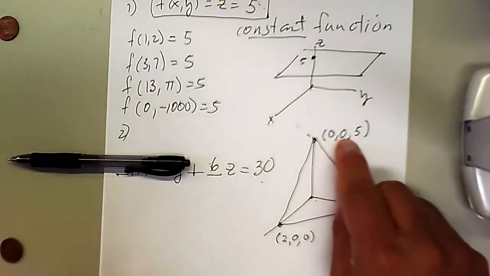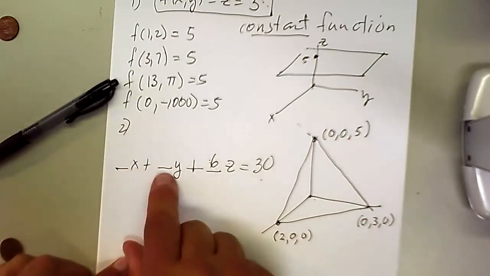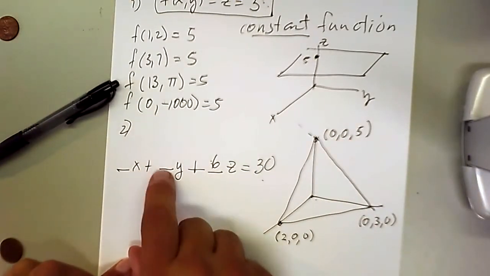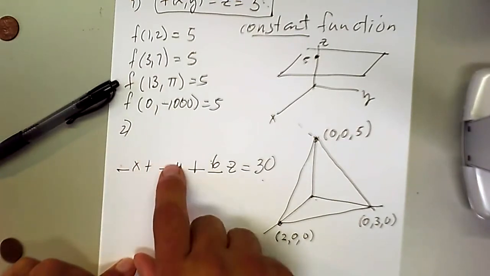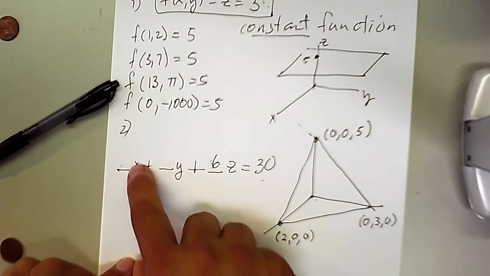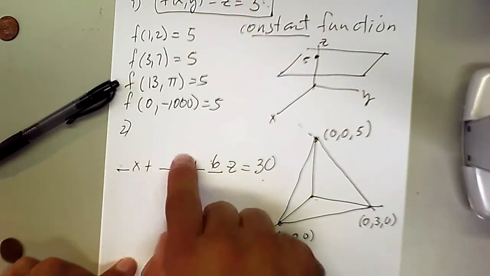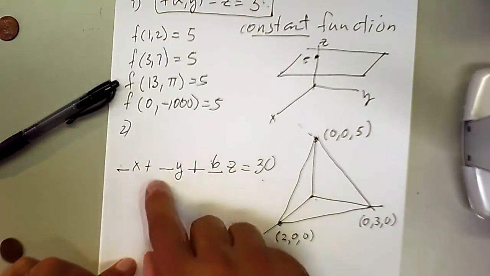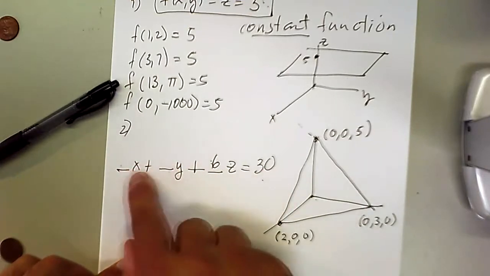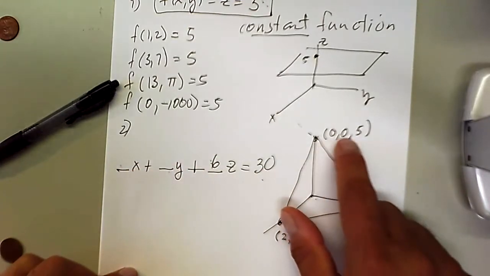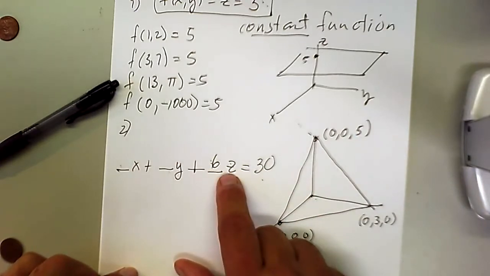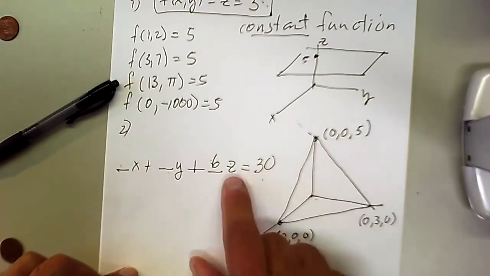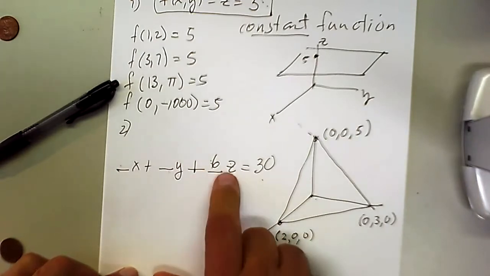Whatever the coefficients we have here, say 45 and 17, if you put 0 here and 0 here, that's going to be 0 anyway. So it won't matter what those coefficients are. If you put 0 for x and 0 for y, 6z will allow me to have 5 for z, because 6 times 5 is 30.